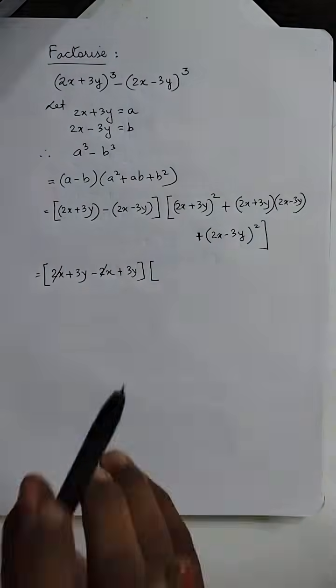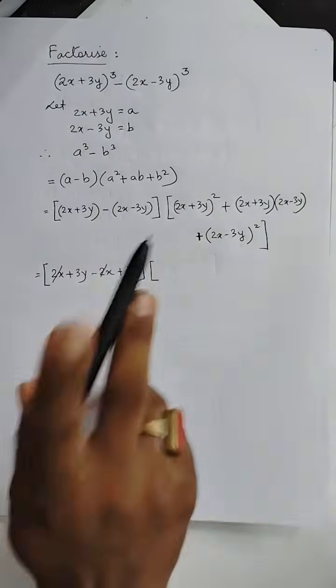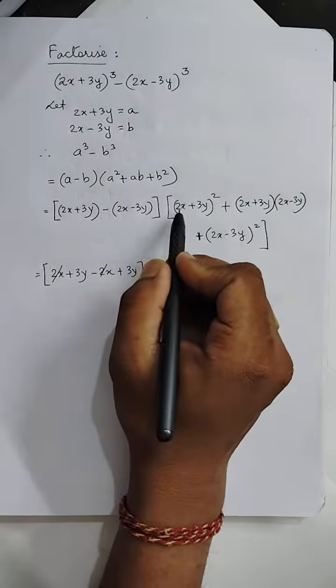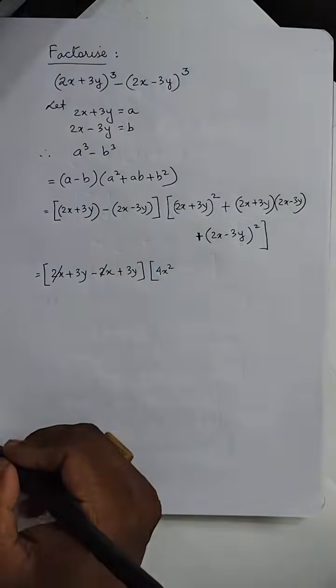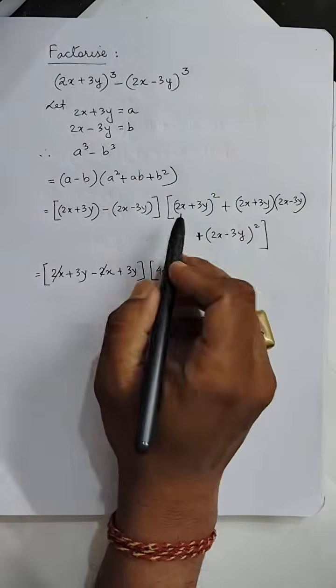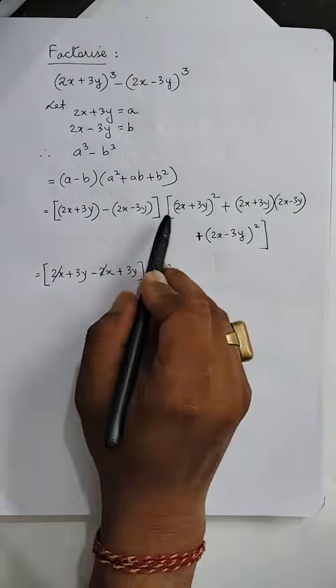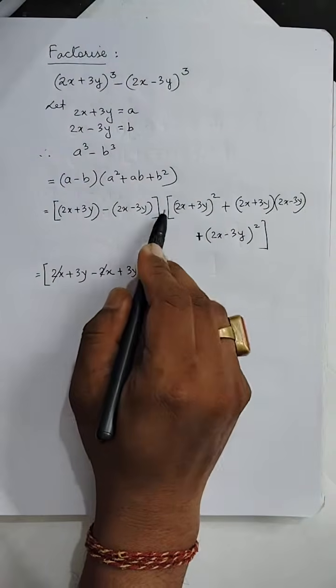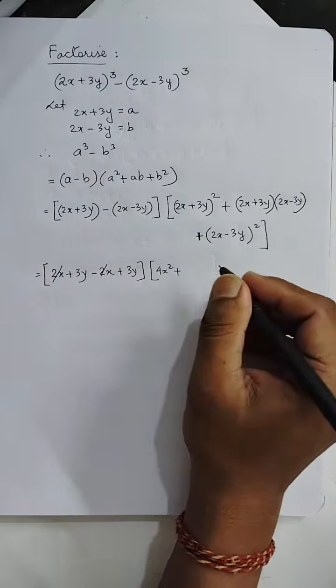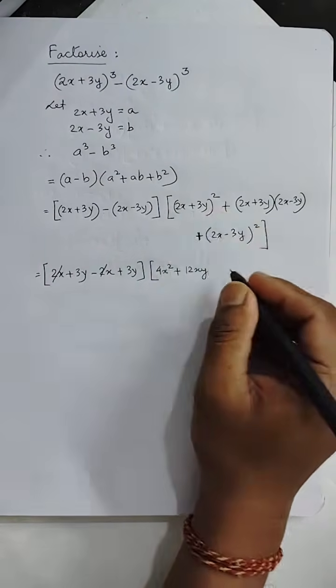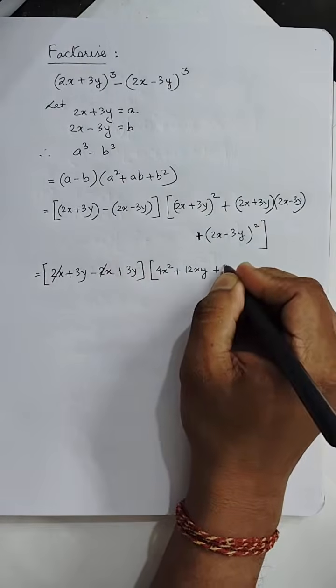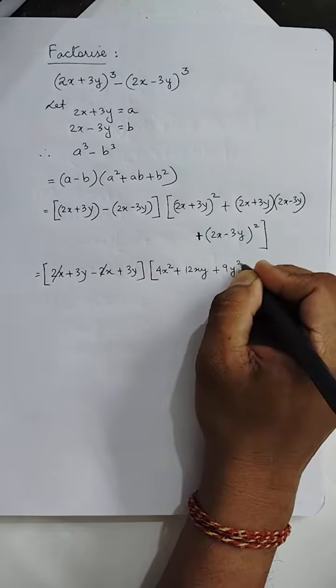I am using the a plus b whole square identity, so I am going to write the values straight away. So a square, that means 4x square, plus 2ab, that means 2 into 2x into 3y, so 2 into 2 is 4, 4 into 3 is 12xy, and 3y whole square will be 9y square.